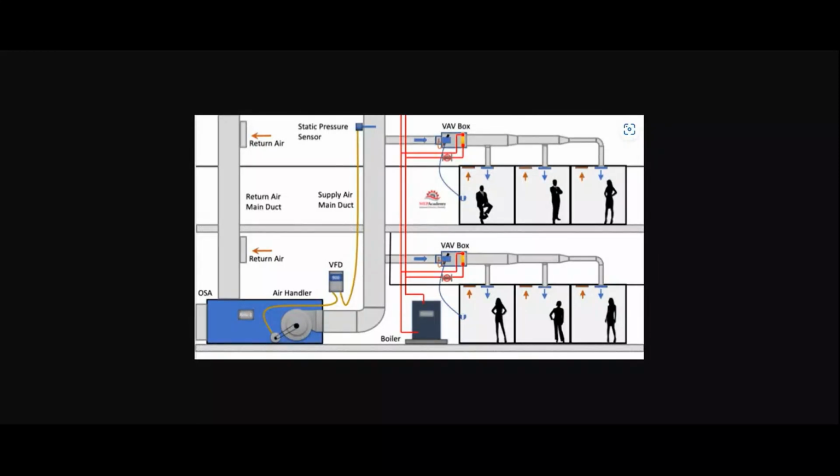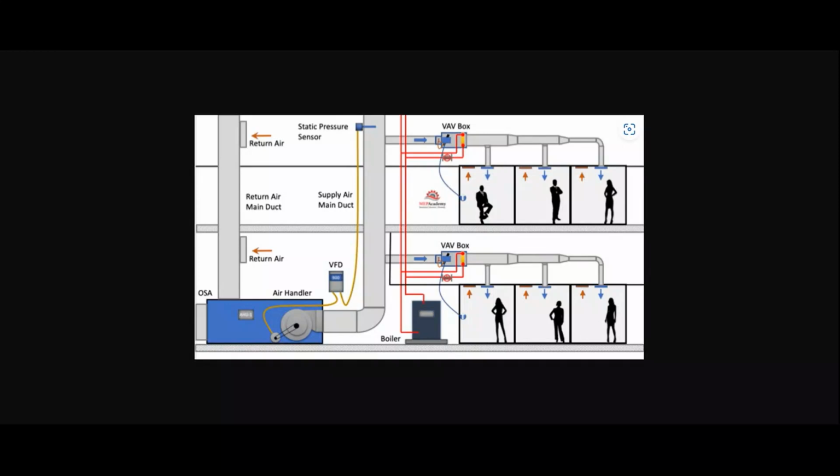I can bring the room temperature down to 18. When the room temperature is 20, the thermostat will tell it to allow the normal air. That is the reason a VAV box is variable air volume. It changes the quantity of air according to the set point temperature, not the room temperature.